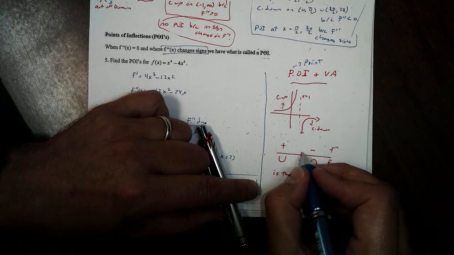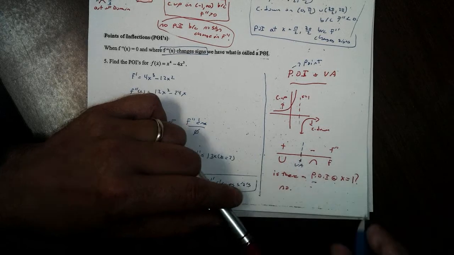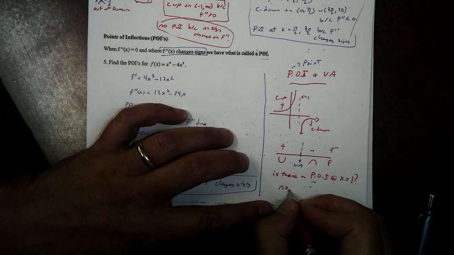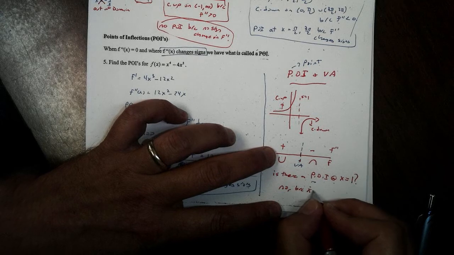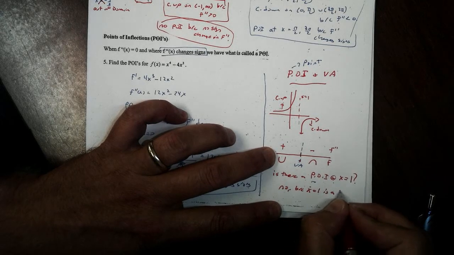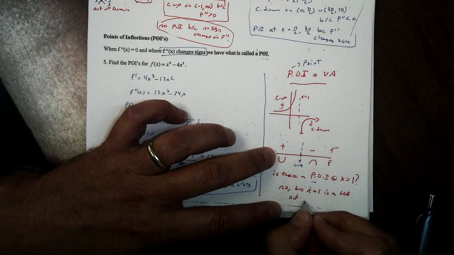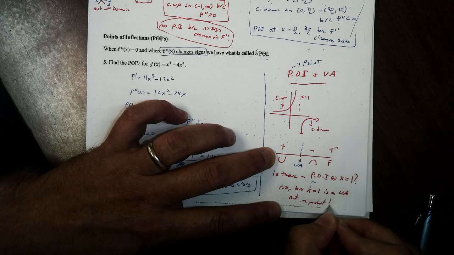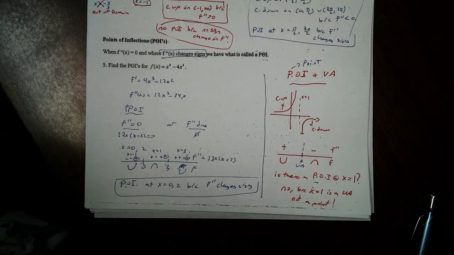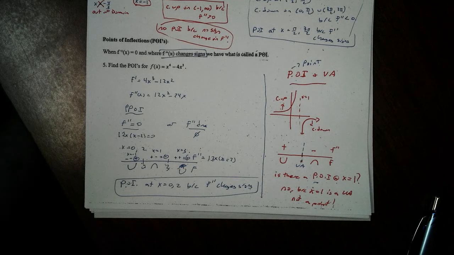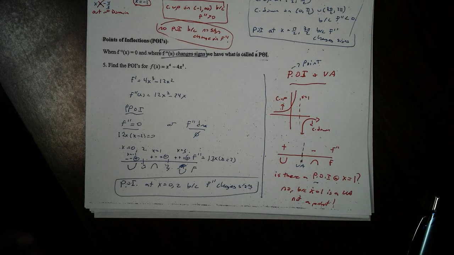There is no point. This is a vertical asymptote. The reason it's no is that x equals 1 is a vertical asymptote, not a point. And that's very big on the AP. You've seen that on the AP the past couple of years, where they give you a vertical asymptote and they're looking for points of inflection in some of the graphs.